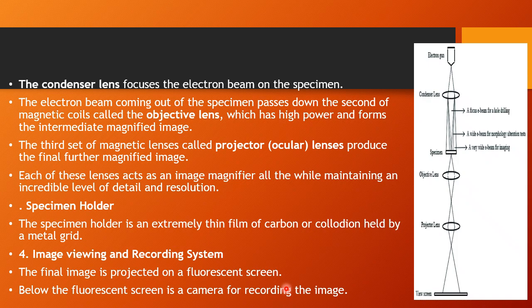That screen will be coated with materials like zinc oxide and phosphor materials which emit light. That is, it converts the electron beam, which we cannot see with our naked eye, into light which the human eye can detect. Below the fluorescent screen there is a camera, which is used for recording the image.